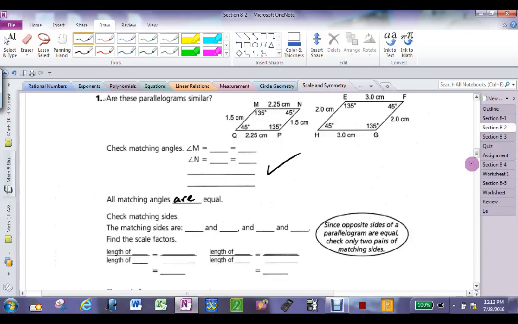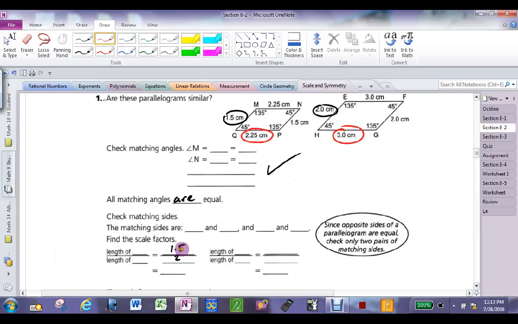M and B. 1.5 would compare to 2, right? So I can do 1.5 over 2. Now, since I put 1.5 in the numerator spot and 2 in the denominator spot, what do I do with 2.25 and 3? Add. I got to check them both, don't I?